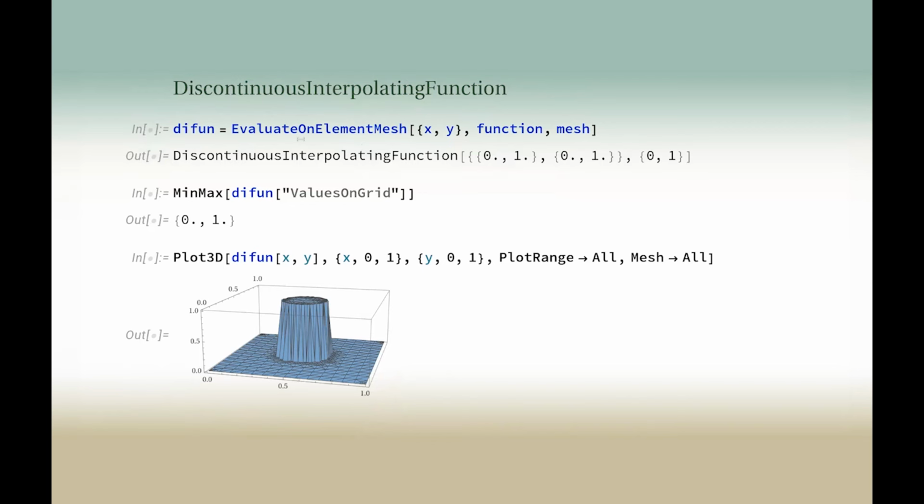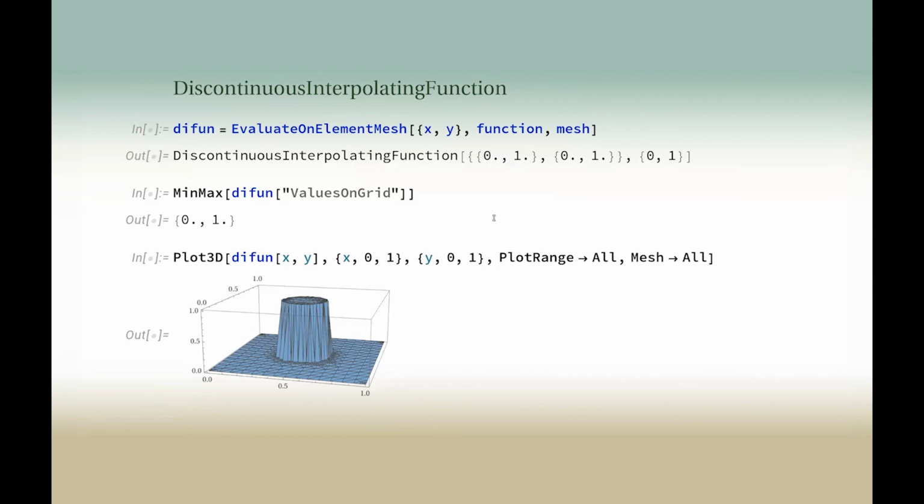The way it knows whether to use it is that it looks at the mesh and checks whether it has several material regions. If we now look at the min-max of this discontinuous interpolating function, we'll see it's exactly 0 and 1, and the plot is very crisp at this interface.